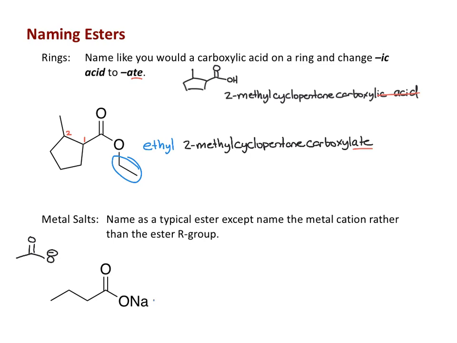So this isn't a methyl or an ethyl, but it's a sodium. And then your chain here is 4 carbons, which comes from butanoic acid. So we drop that ending and change it to ate. In this case, our R group, if you will, on the oxygen is sodium, and you would call it butanoate.